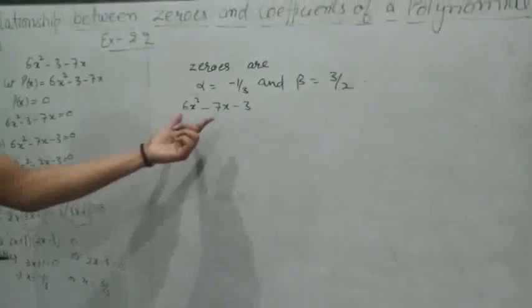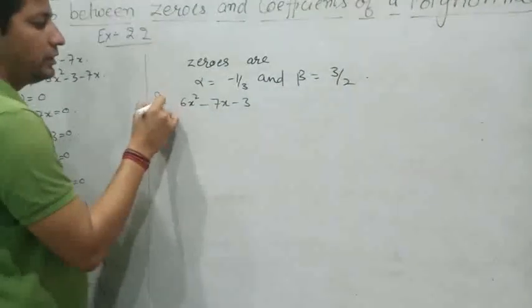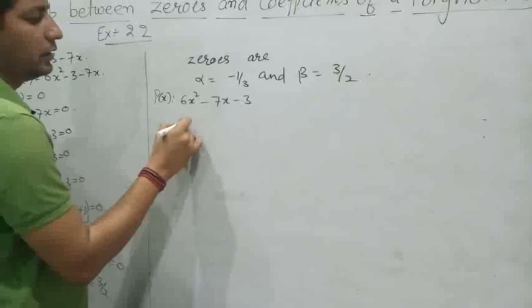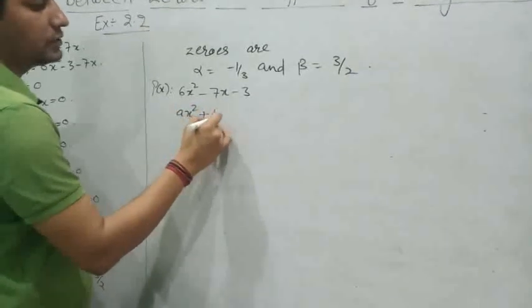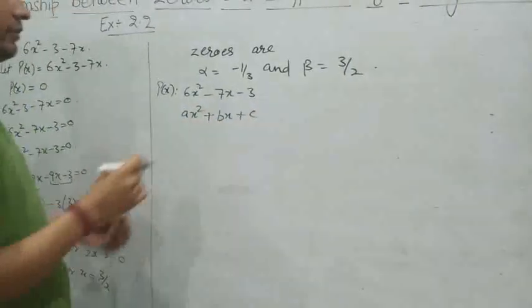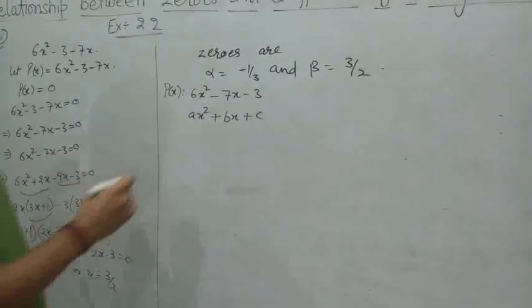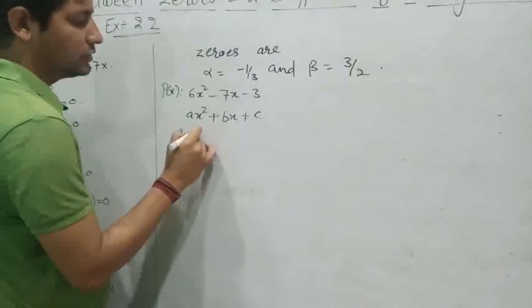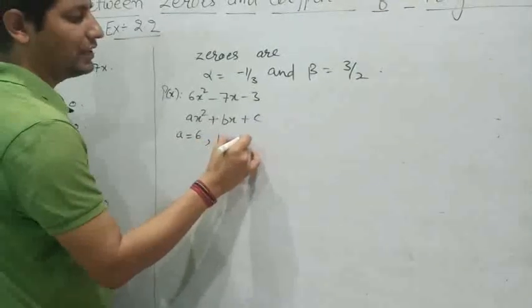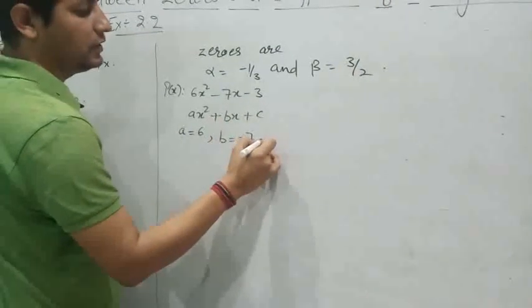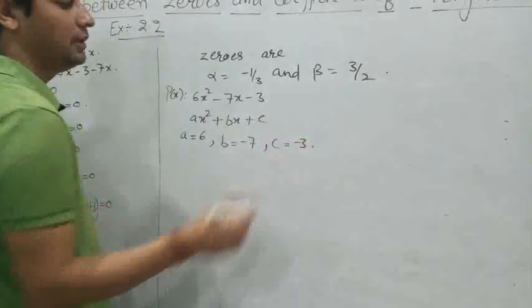If we compare this polynomial with the standard form ax² plus bx plus c, we get a is equal to 6, b is equal to minus 7 and c is equal to minus 3.